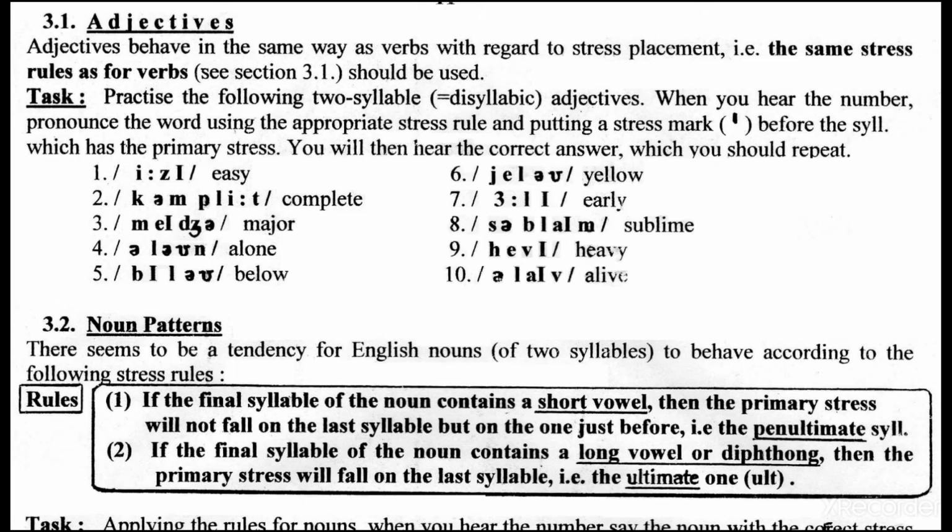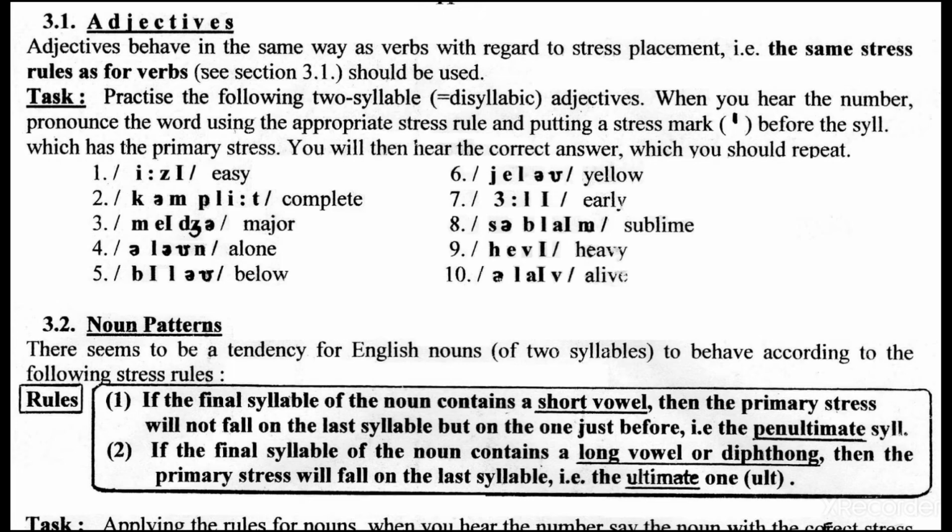We have so many exceptions. For example, follow is also an exception for verbs. So we cannot apply rule 1A, so we put it on the penult. The next adjective, adjective number 7, early, early.